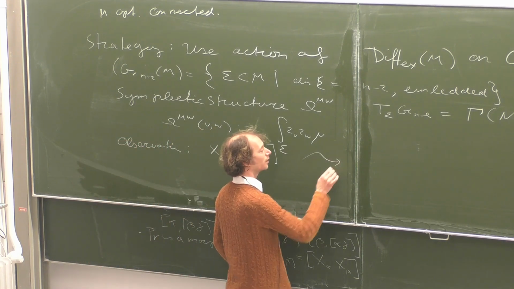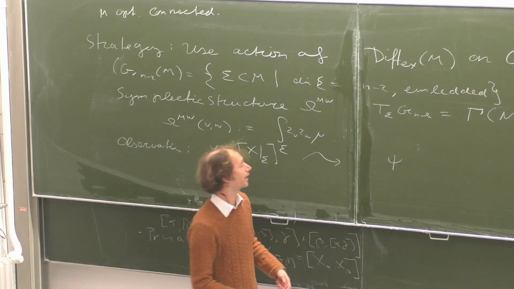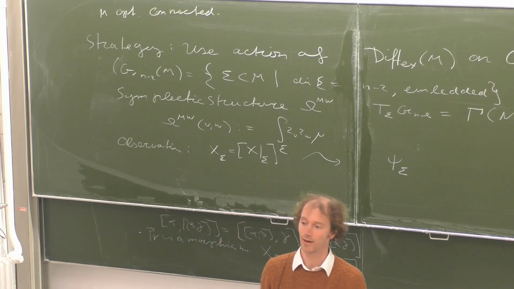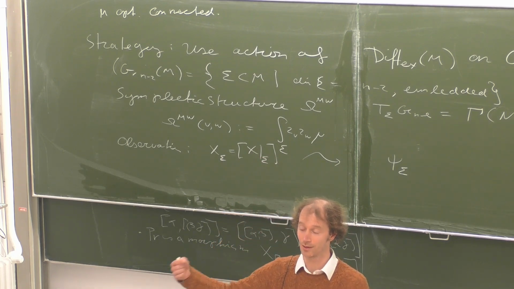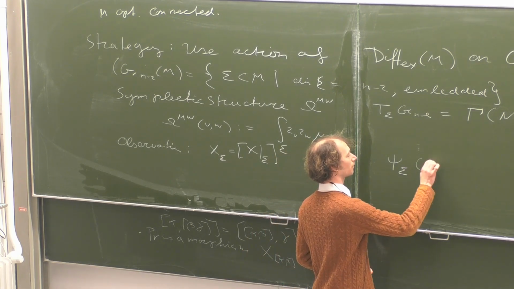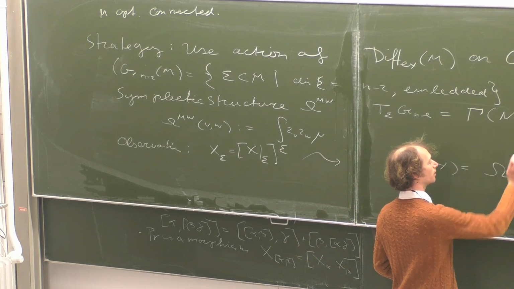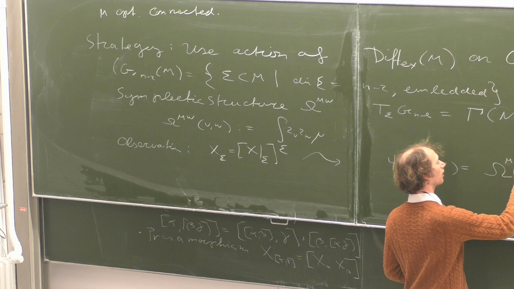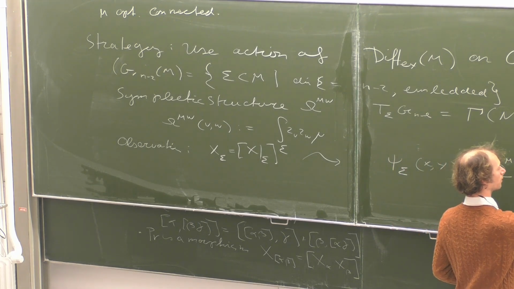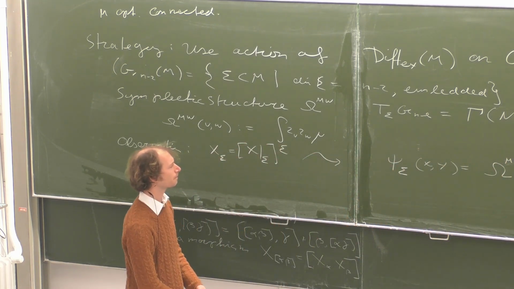So if you use this, then you see that this cocycle that I would get from sigma, if I consider sigma as a linear map from my cohomology to the real numbers by integrating over it, is just the symplectic form applied to the fundamental vector field.